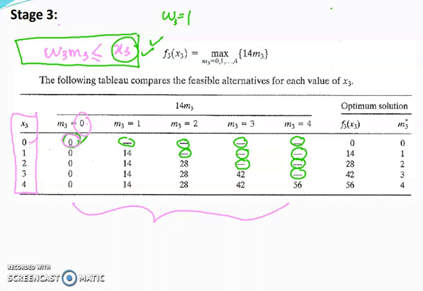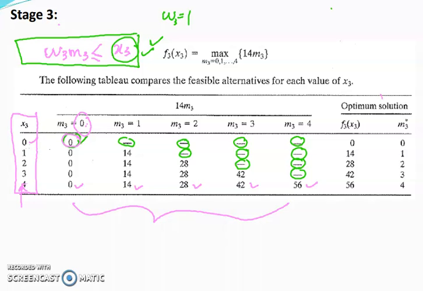For x3 equals 4, when m3 equals 0, 0 times 14 is 0. When m3 equals 1, 14 times 1 is 14. When m3 equals 2, 14 times 2 is 28. When m3 equals 3, 14 times 3 is 42. And when m3 equals 4, 14 times 4 is 56. So you have to do all this in order to find the feasible solutions.